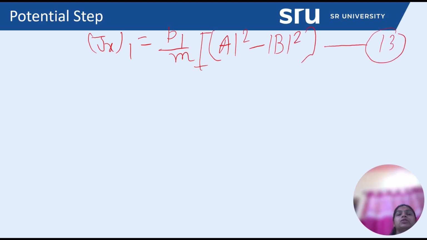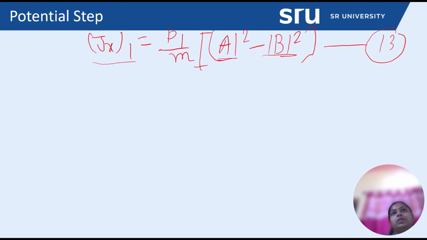From this relation it is very evident that the current in region 1 is equal to the difference between two terms. So this is the current density. It is basically the difference between the two terms.